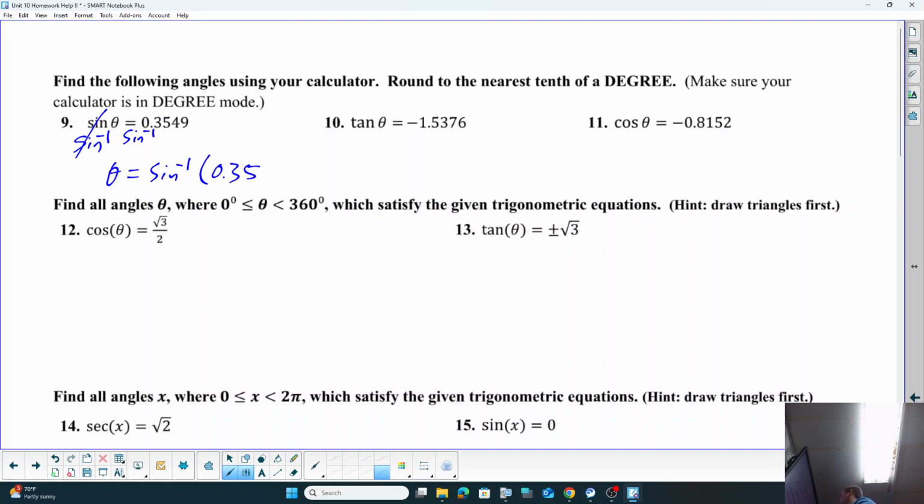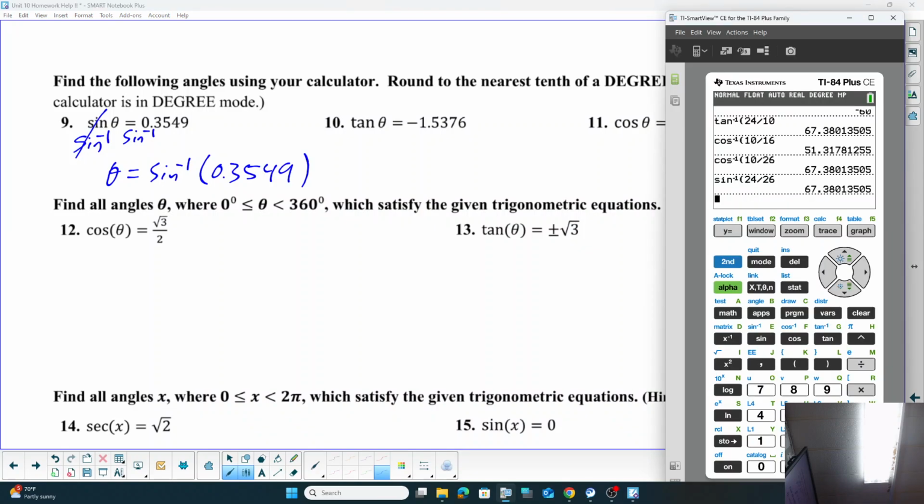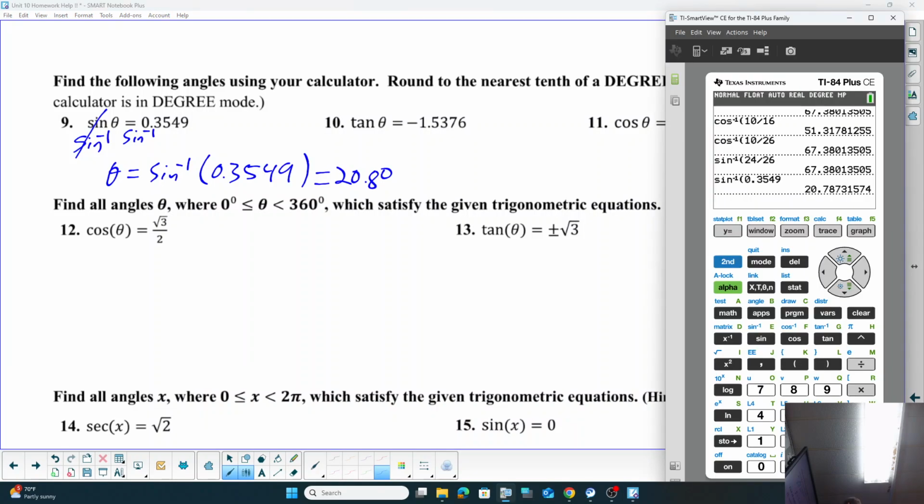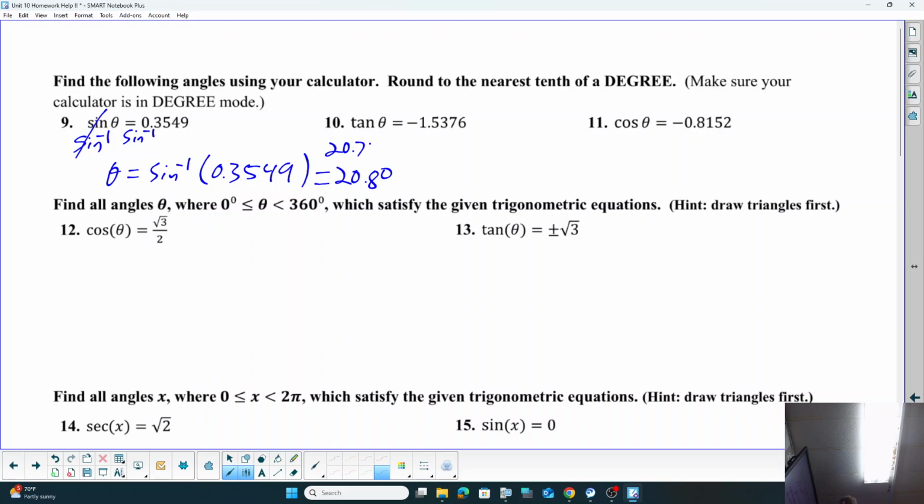So 0.3549 is just a ratio of something over something. And so when you go ahead and inverse sine 0.3549, you get 20.787, which rounds to the nearest 10th of a degree as 20.8 degrees.